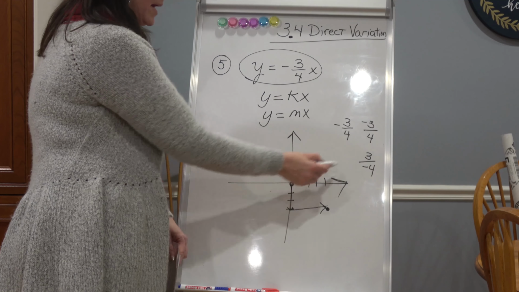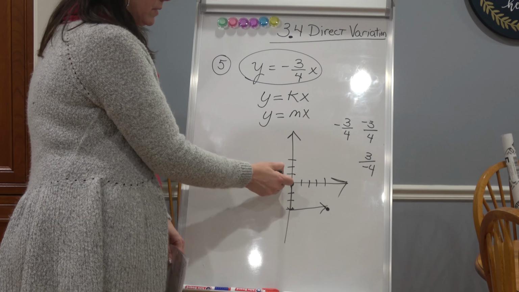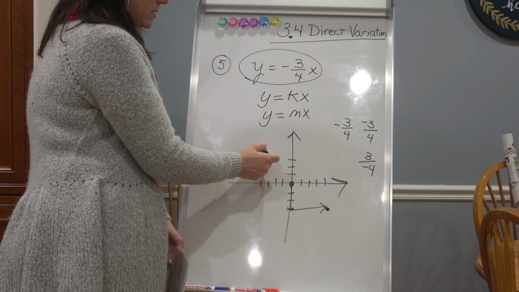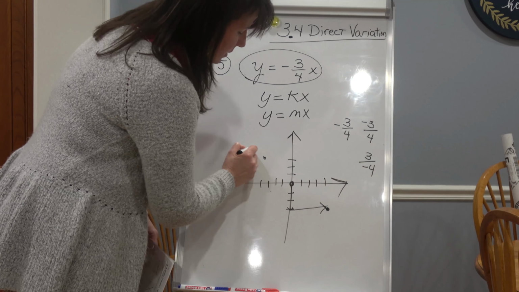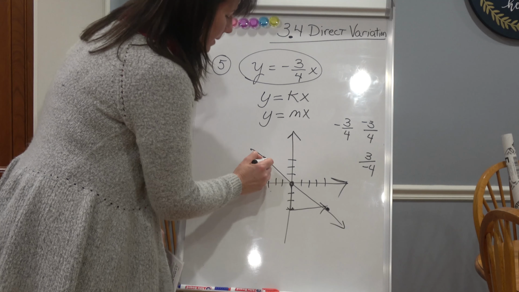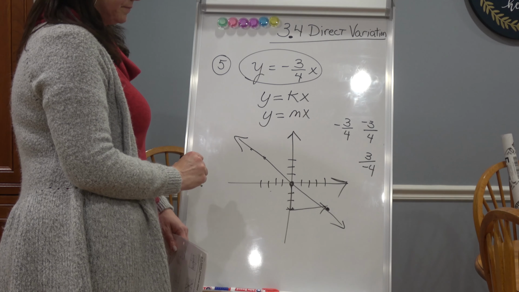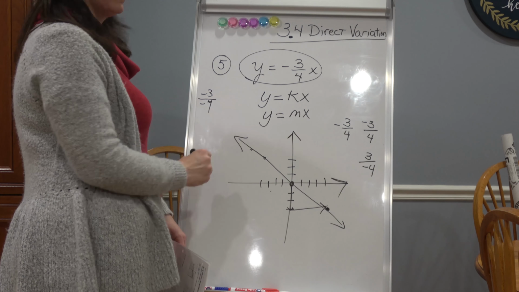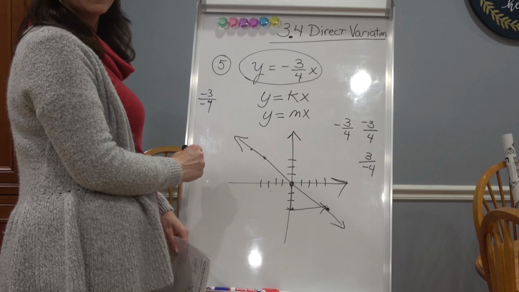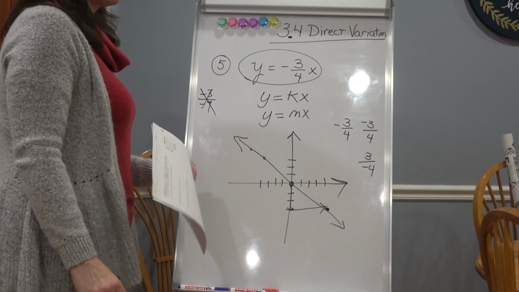But if we graph it as a +3 over -4, we would go up 3 and left 4. Right, so notice that regardless of how we do it, we're gonna get the same line, okay? Just don't put the negative on both, because if you do, what do we have? Positive. Alright, so we're gonna put it on one or the other, okay?